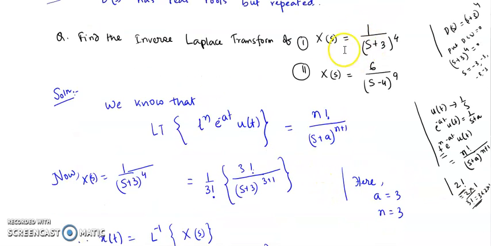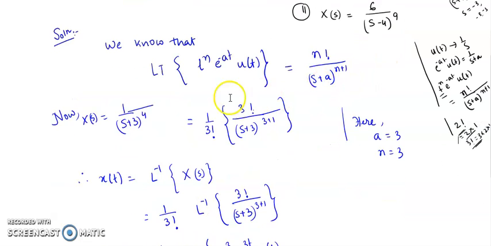Now suppose for the first function X(s) = 1/(s+3)^4, if you want to make it match the form (s+a)^(n+1), then you can assume a is equal to 3, and n+1 equals 4, so n will be equal to 3.